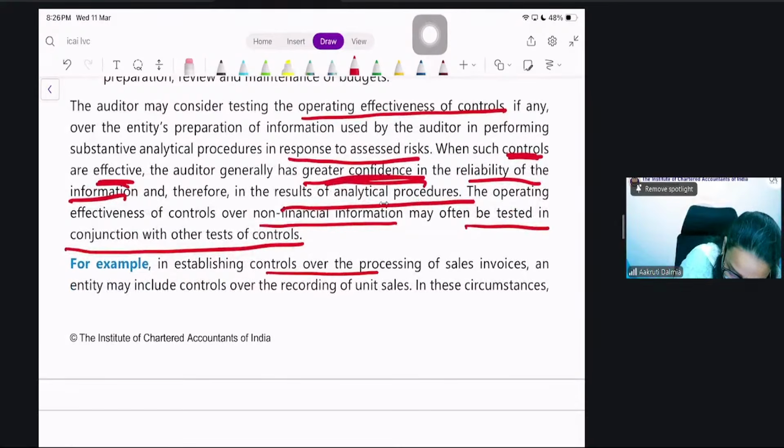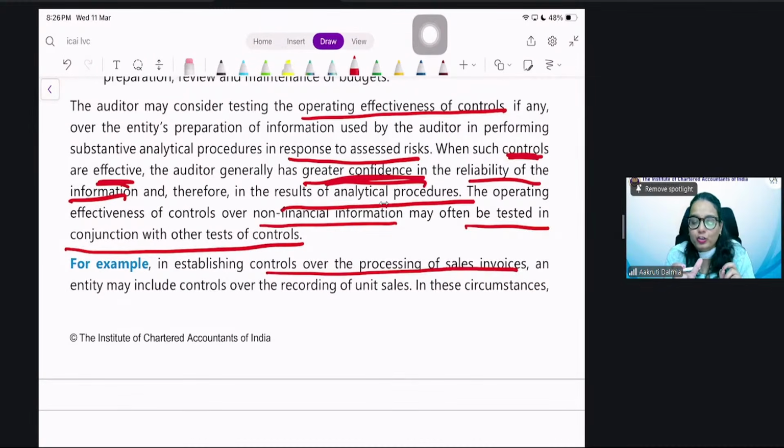That's it. Same thing being repeated. If the controls over sales are reliable, then automatically what is tested in conjunction? Together. Tested in conjunction means together, along with. So here, tested along with other tests of controls. Do you remember English grammar?